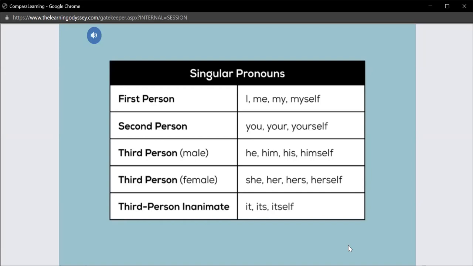To talk about one female person, use third-person pronouns like she, her, hers, or herself. To talk about an object, use third-person pronouns like it, its, or itself. To talk about animals, you can use male or female pronouns if the animal is known, such as a pet. But if the animal is not known, you can use inanimate pronouns.